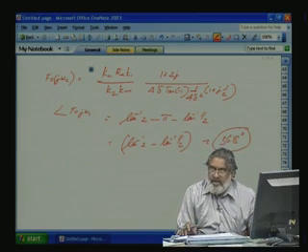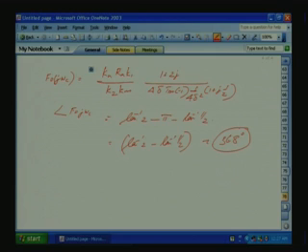Now, let us go back to our design. If you see here, from our previous transfer function we have found Kn and Tn.